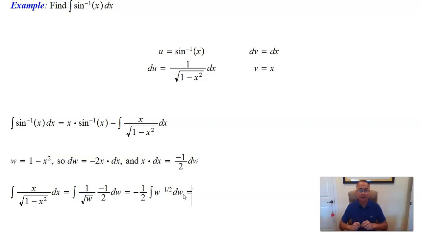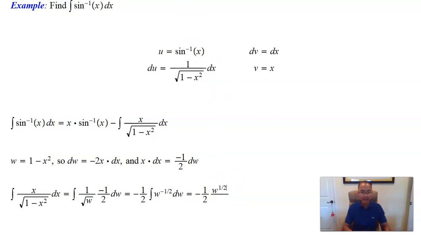So, power rule, u to the n plus 1 over n plus 1. Minus 1/2 plus 1 is positive 1/2. So we still have a minus 1/2 on the outside, and we get a fraction, w to the positive 1/2, and divide by 1/2.